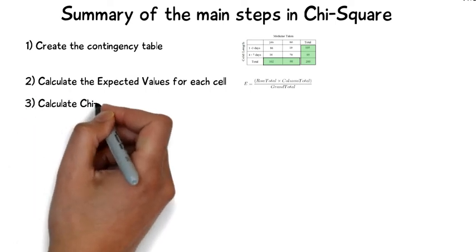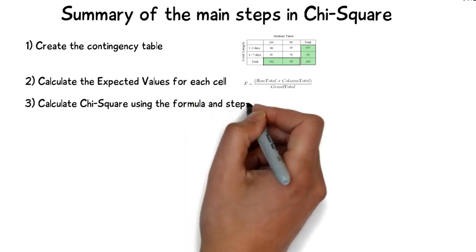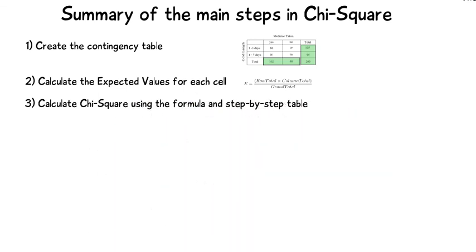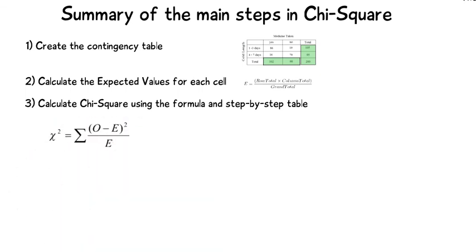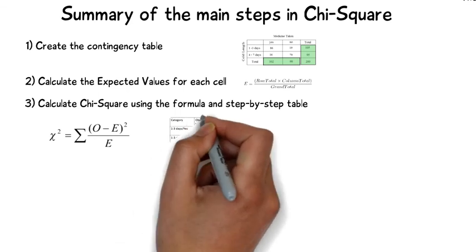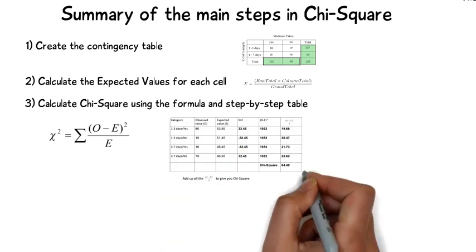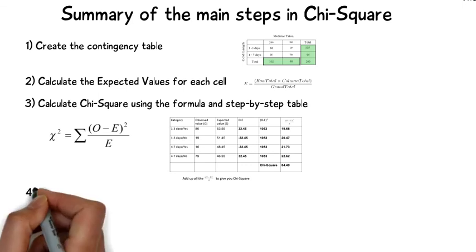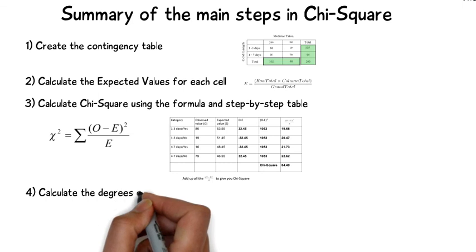Number 3, this is where you calculate chi-squared using the formula itself, and they do give you this one, and then the step-by-step table, which again they will pretty much always guaranteed give you, but not necessarily. Here we are. That's the example you did. Number 4, you're going to calculate the degrees of freedom.